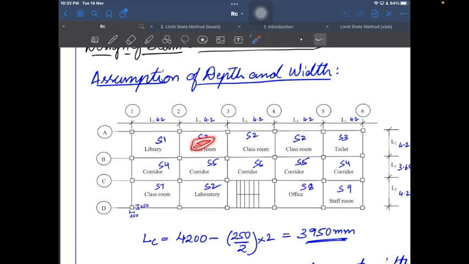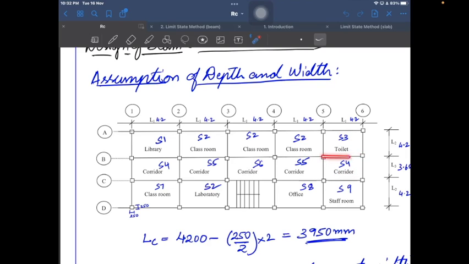Similarly, this slab's load on this beam, this slab's on this beam, and so on for the others.